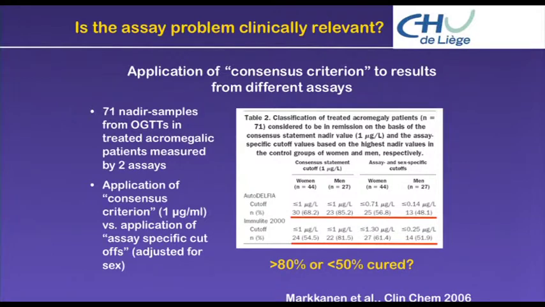But if you're using specific cutoffs for your technique, these results show that less than 50% of your patients will be cured. So again, the use of a global cutoff or a specific cutoff will lead you to different clinical decisions.